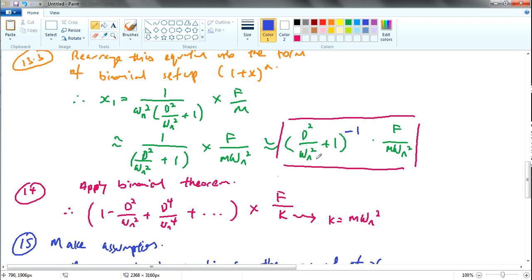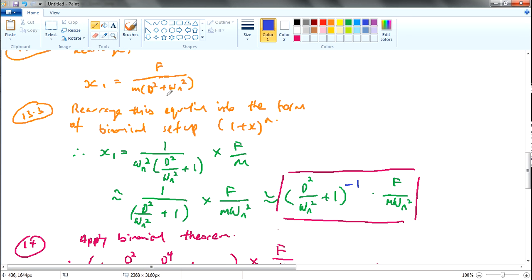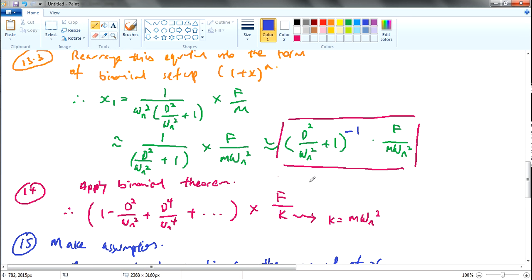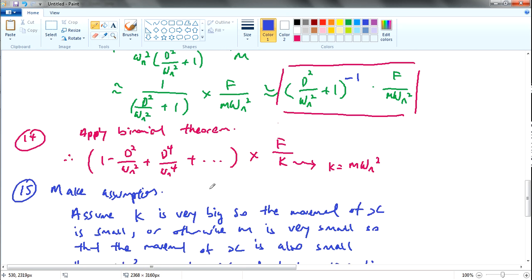So this piece is the binomial theorem, and this piece is a multiple of it. We have separated this whole equation in this manner and simplified it to the binomial theorem. We can also simplify m omega n squared in terms of k, because if you remember, the natural frequency goes to this thing.